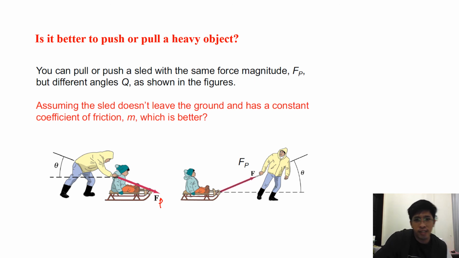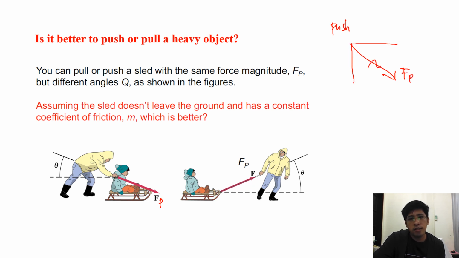Now let's look at the free body diagram for this one, or let's look at the components of your forces. If you're going to push, okay, so you have this push here, Fp, and you can resolve this one. So we have your Fpx, and then you have here your Fpy.